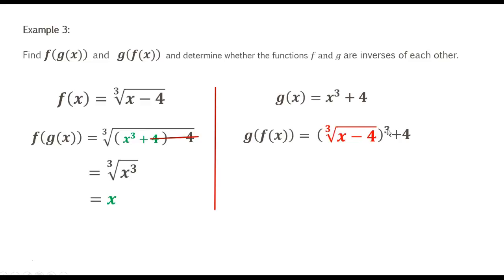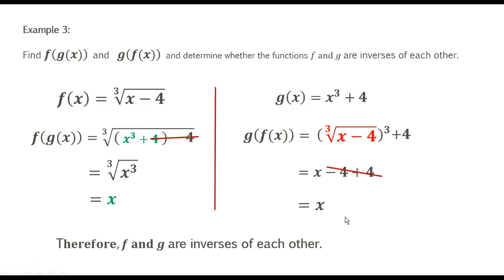Once again, the radical and the exponent cancel each other out, and we're left with just what's under the radical. So we have x minus 4 plus 4. When we simplify this, we get x.